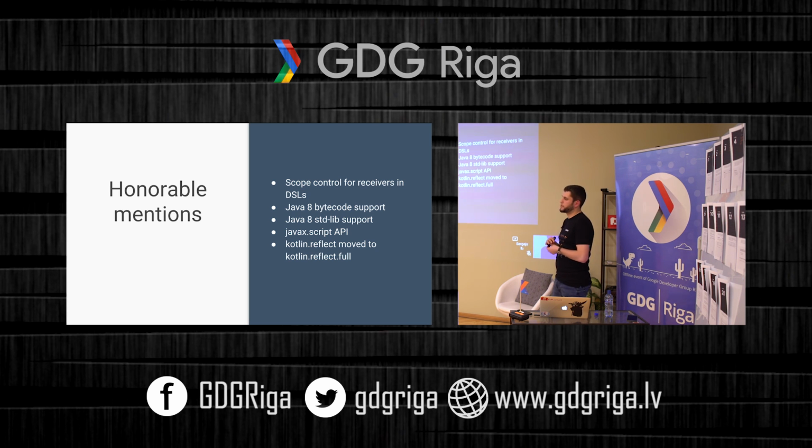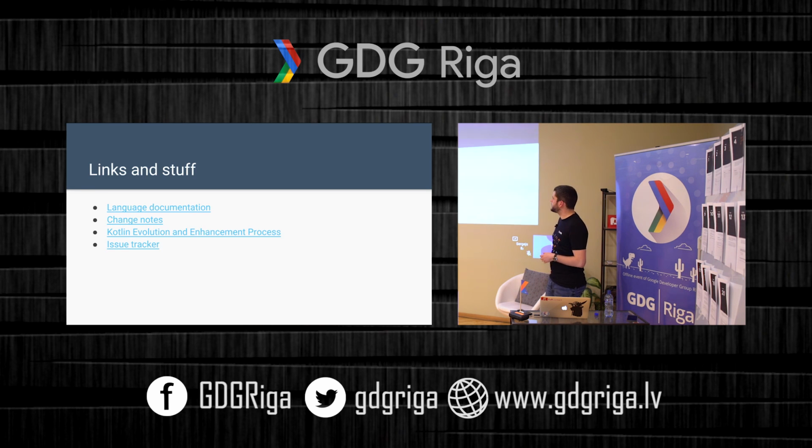If I understand it correctly, you can now run Kotlin scripts inside of Java with the JavaScript API. I actually have no idea how it works and why it works. Also, they moved some reflection stuff from one package to another package. So if you were using reflection in Kotlin, you should be aware of that. And I think that's it.